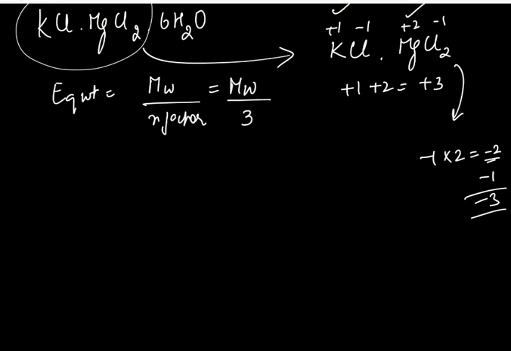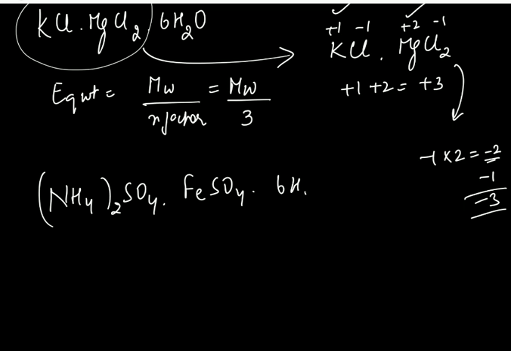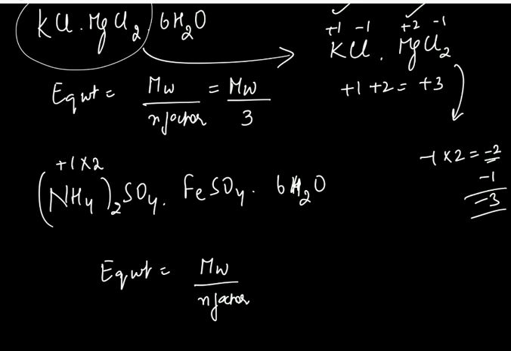So we can take the example of Mohr salt. Again, the equivalent weight will be the molecular weight of this entire salt divided by the n factor. So the n factor, again, we need to find out. Now ammonium carries +1, the collective charge, into the number of atoms. So I'm taking this one.